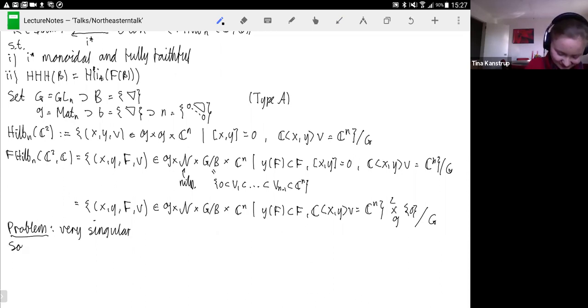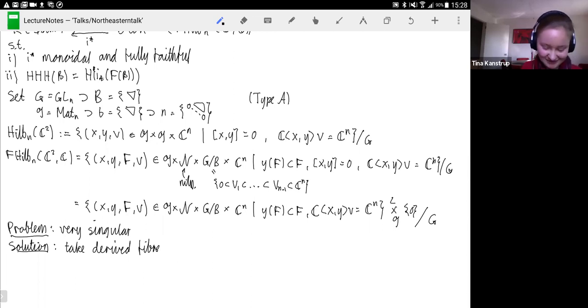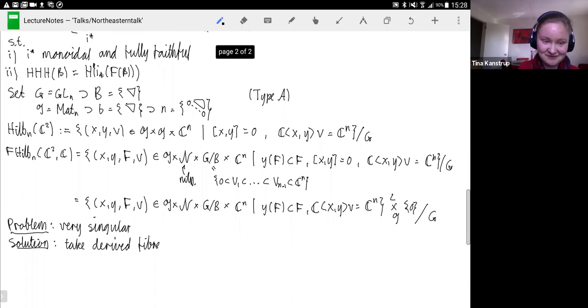Well, it's a solution if you don't like singular spaces, but you pay a different price. I guess it's a question of who you are, which kind of suffering you prefer. I think I prefer derived suffering to super singular suffering, and that's at least the convention of the authors of this paper. That seems to be the preferred form of suffering.